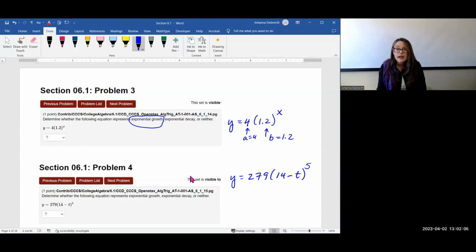This is actually a polynomial function. So it is not exponential growth or exponential decay. It's neither one. It's a polynomial. Now, how would I know that I have growth versus decay? Again, if b is greater than 1, it's growth. If b is between 0 and 1, so a proper fraction, then it's decay.